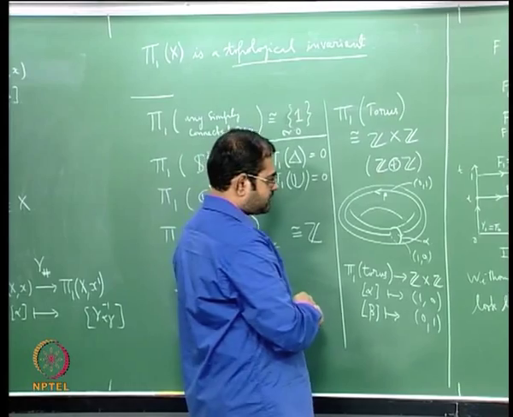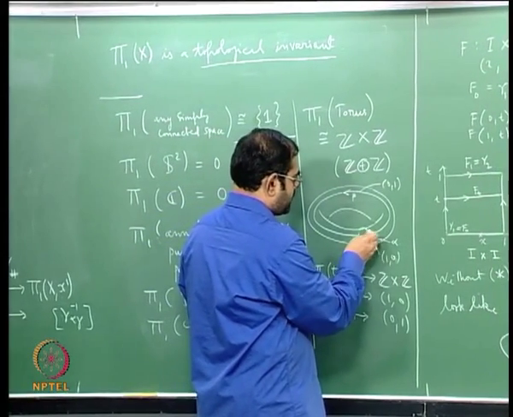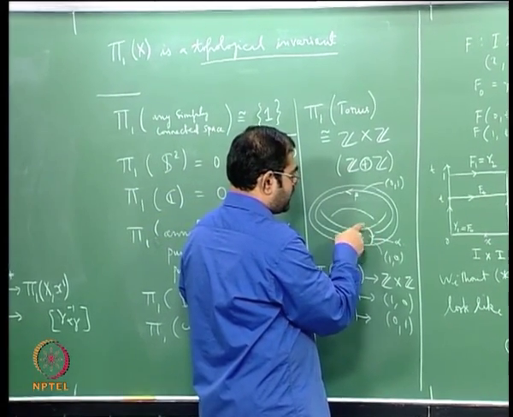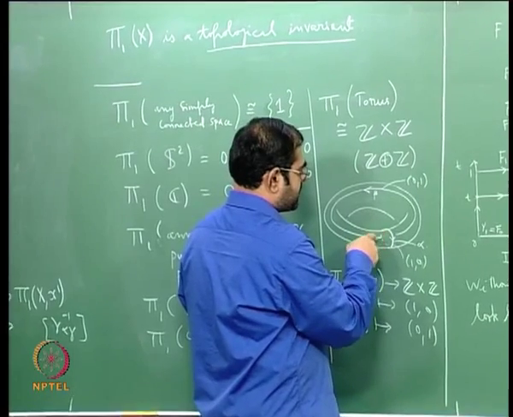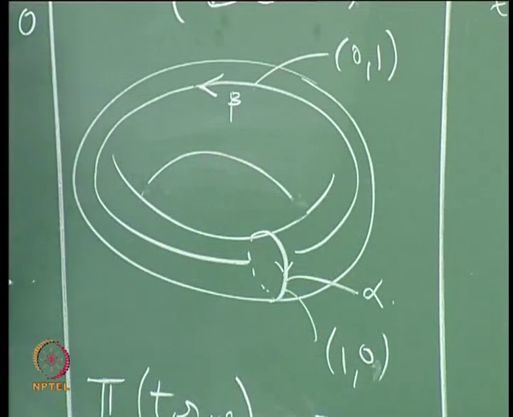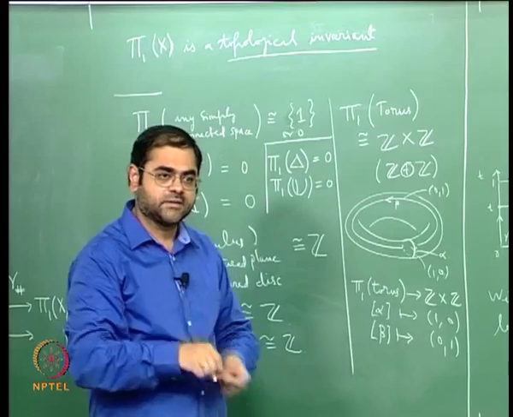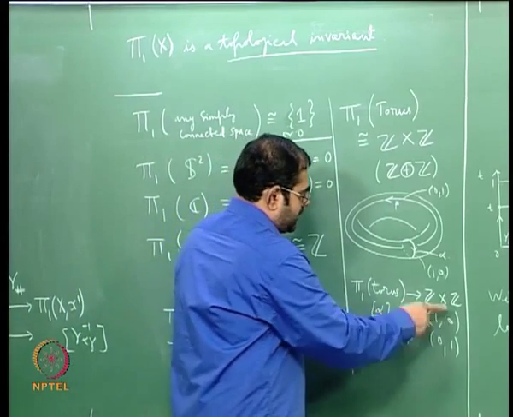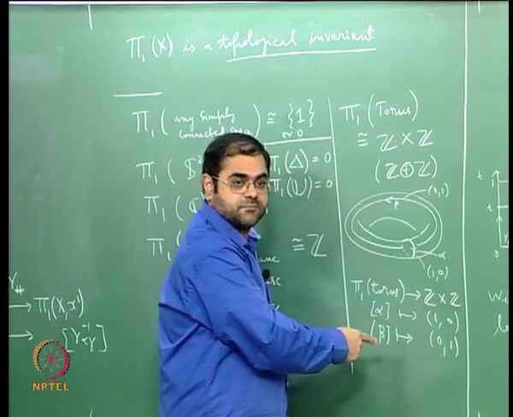So I can take a base point which is the intersection of this circle and that circle, so that I have loops based at one point, and then the point is that this map is an isomorphism, okay.